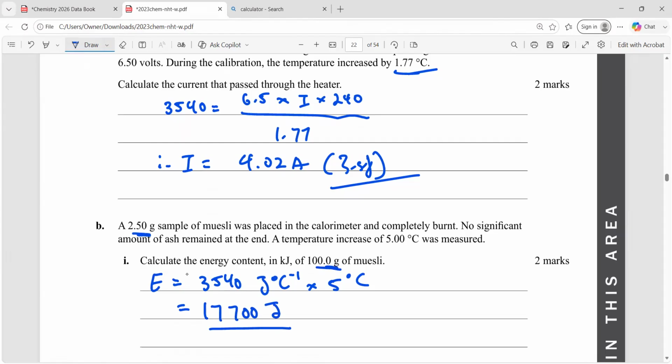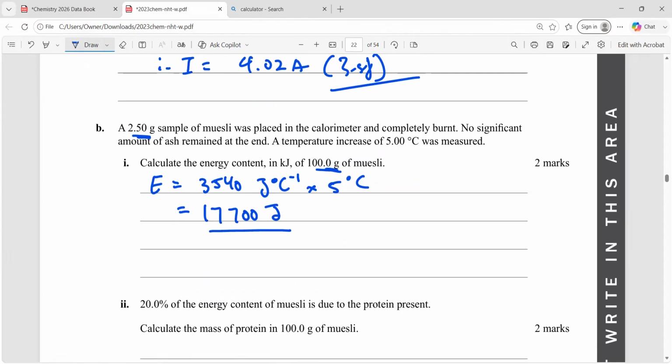Now that was how many joules was released when we had 2.5 grams, and they're asking for 100 grams. So all we need to say is that 17,700 joules was released when we had 2.5 grams. So we just divide it by 2.5 and then multiply to 100. By dividing it by 2.5, we're finding out how many joules is released when we burn a 1 gram sample of muesli, and then we just times it by 100.